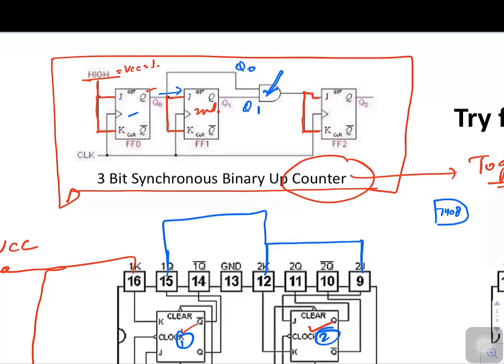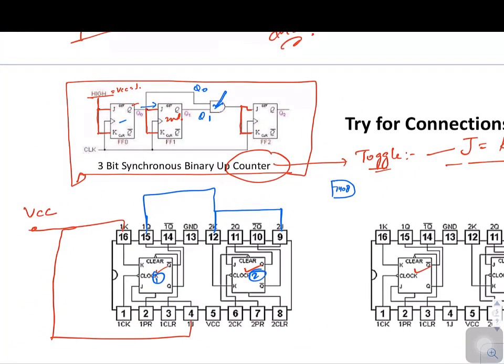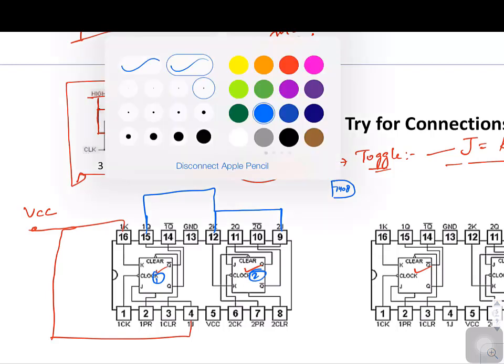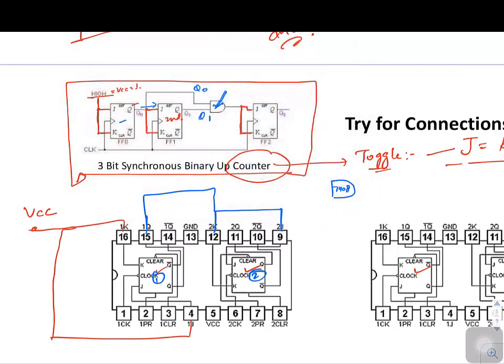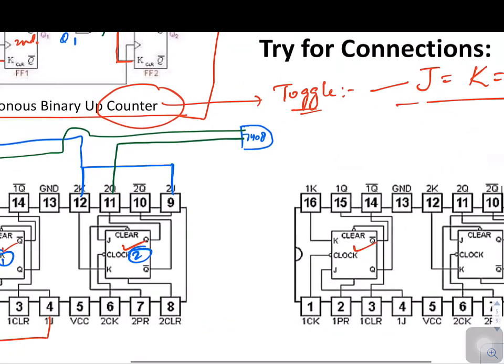The 2 outputs of the 2 JK flip-flops that you have used will be acting as inputs. First output is 1Q, so 1Q is going as input, and similarly the second Q is acting as input. Then the output of this AND gate is acting as an input, and the JK are again shorted.